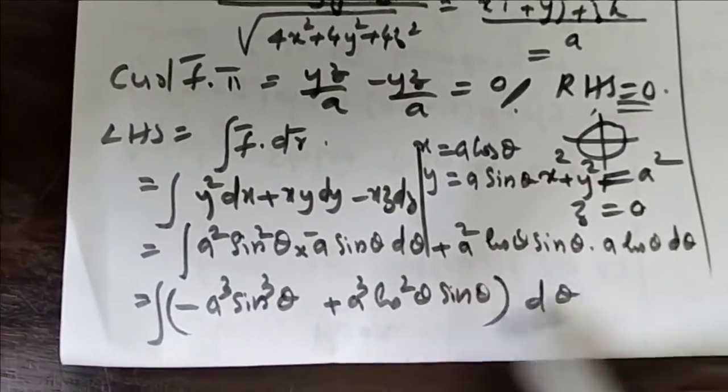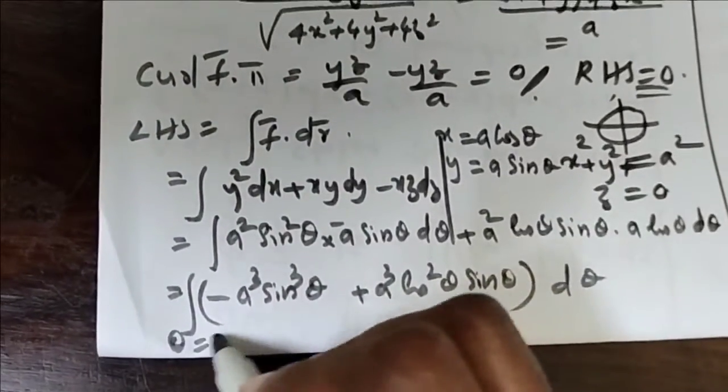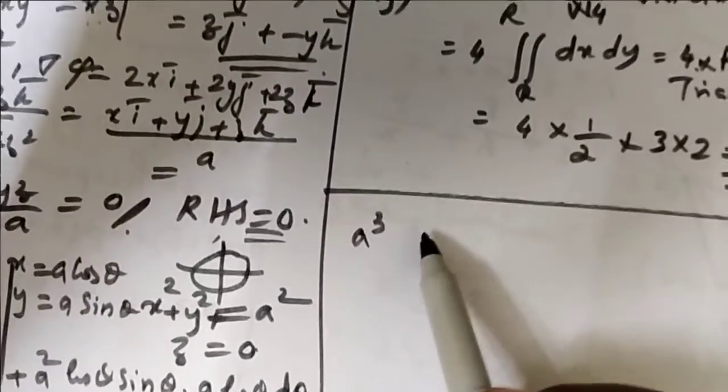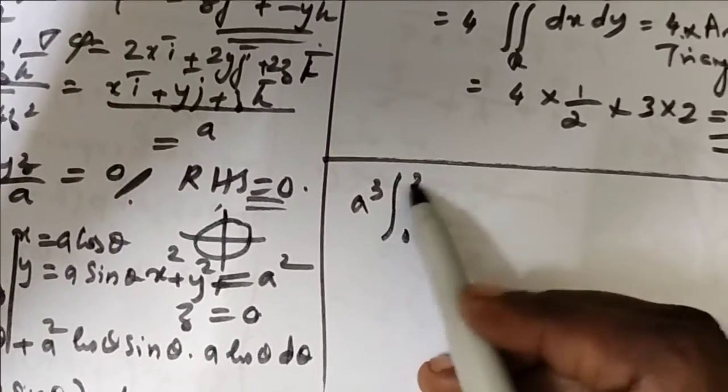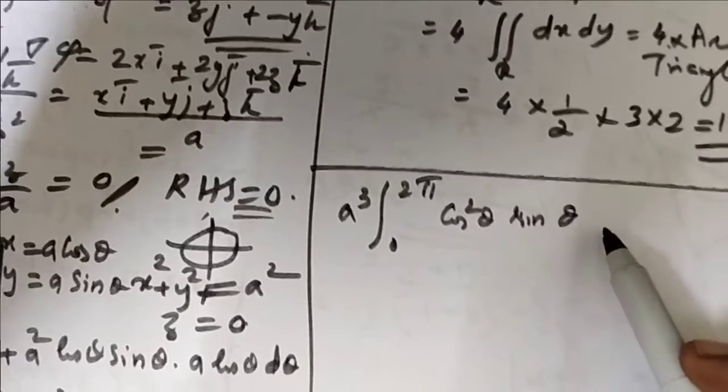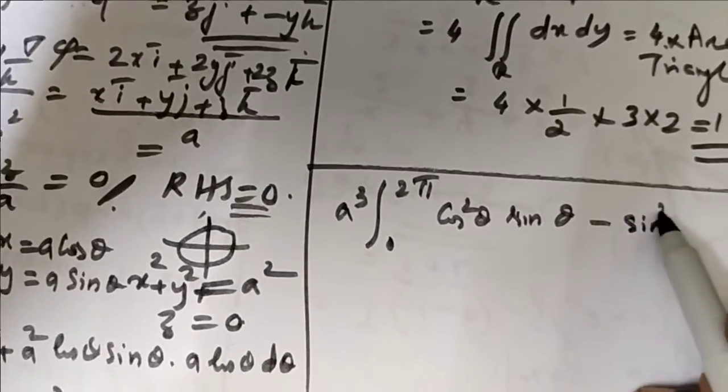And what is the limit for theta? The limit for theta is 0 to 2 pi, full circle. So here we can take a cube outside. So a cube into integral from 0 to 2 pi of cos square theta sin theta d theta minus sin cube theta d theta.